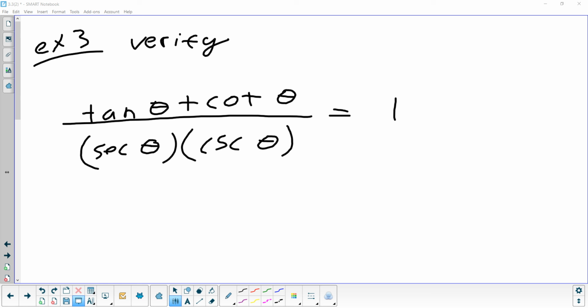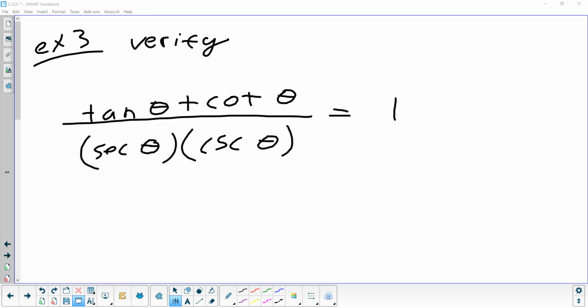There's lots of ways, especially when we start getting to an identity like this, that you can start it. Our goal is to find the simplest way, which I'm not sure what that is. So we're just going to have to start doing the problem. And if I notice that as we do it, it's getting worse and worse, and it's not getting where we want to go, then we'll take a step back and try something different.